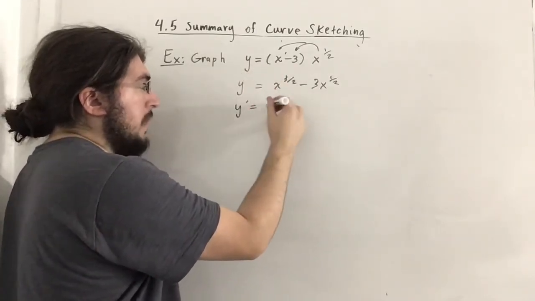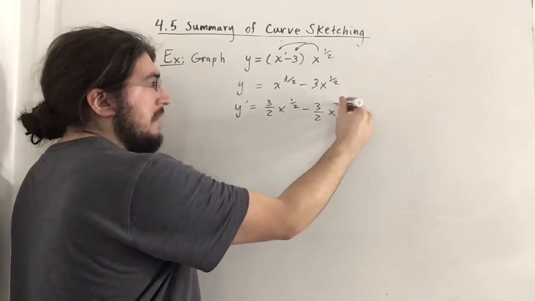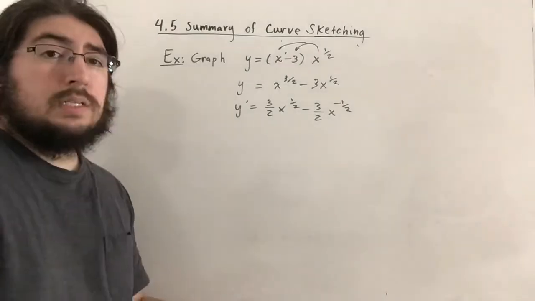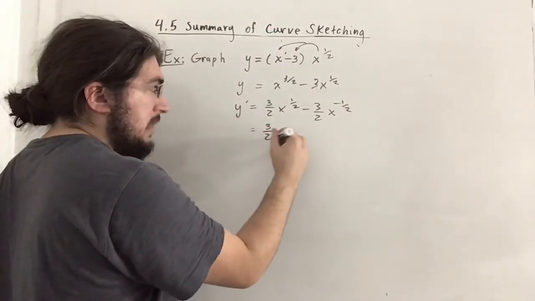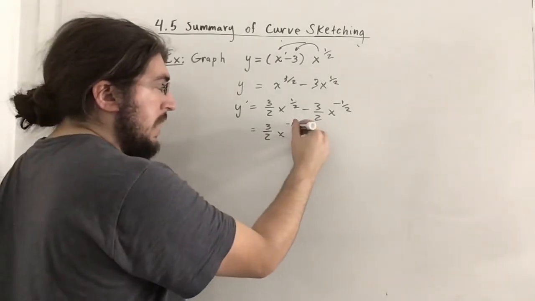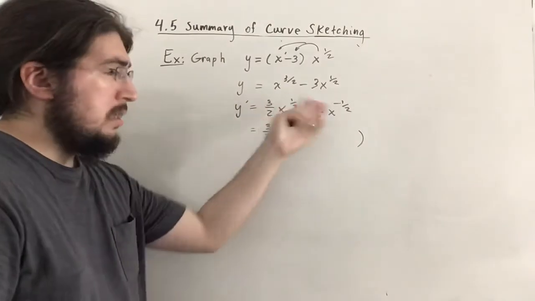Now y prime will be 3/2 x to the 1/2 minus 3/2 x to the -1/2. And much like we saw in the previous example, we can pull out, in this case, 3/2 x to the -1/2, since the smallest power is -1/2. To do that, you just add 1/2 to each of the powers.